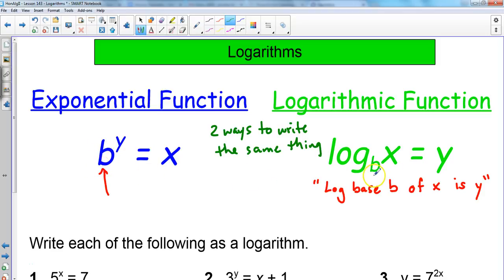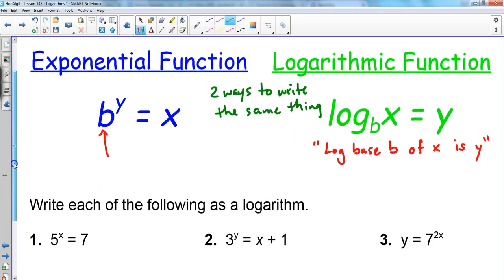We're raising that thing to a power, so here's our b. The exponent now, remember we talked about a logarithm, all we're doing is looking for an exponent. Here's your exponent, it's y. And notice in the exponential function, that is your exponent. And in this form, we have the x over here. So when we read this, we should say what power on b, on our base, gives us x. In other words, b to the y power equals x. So these are just two different ways of writing the same thing.